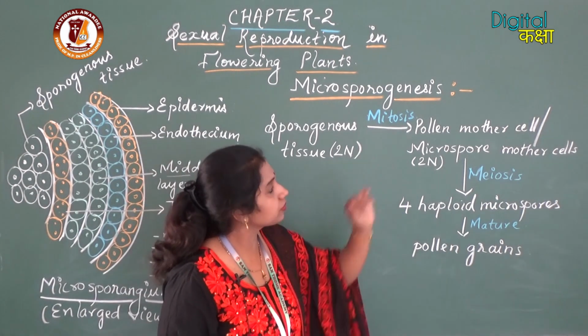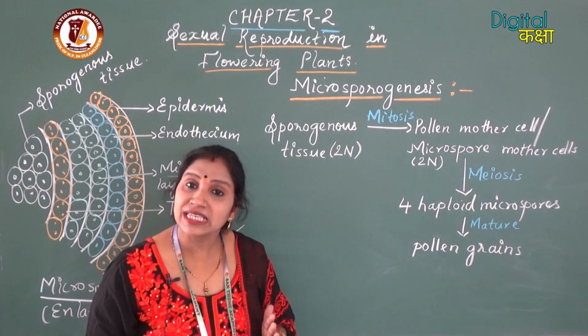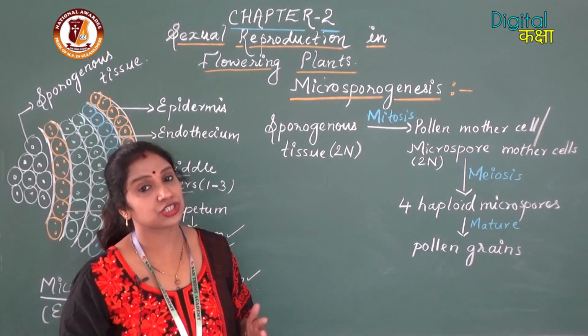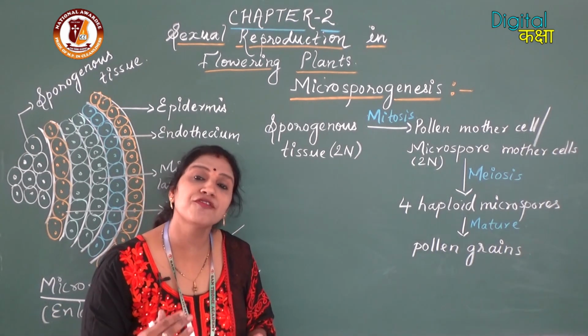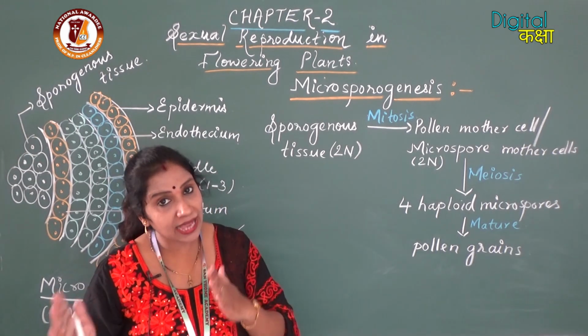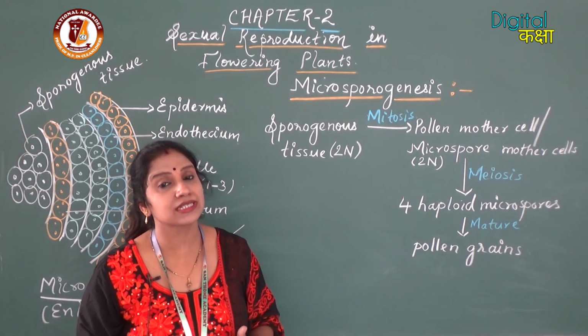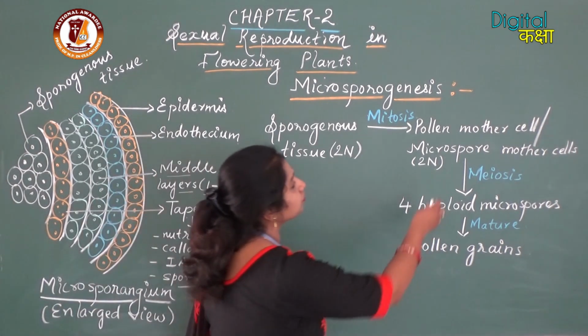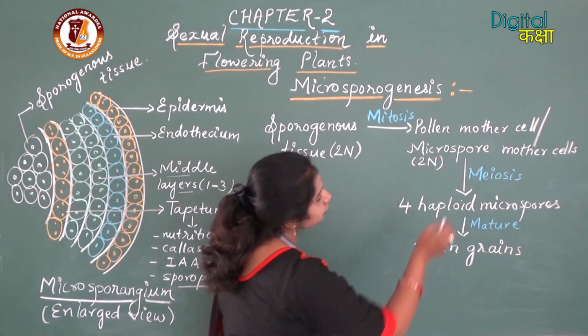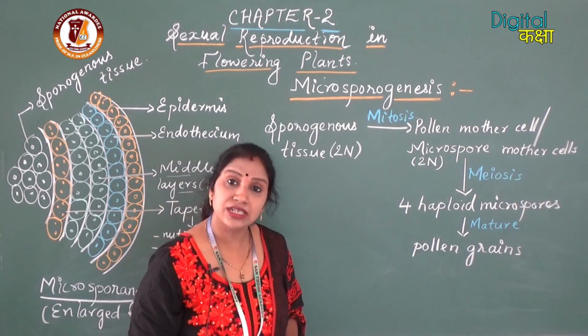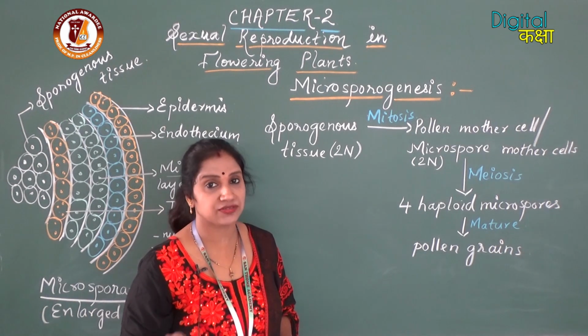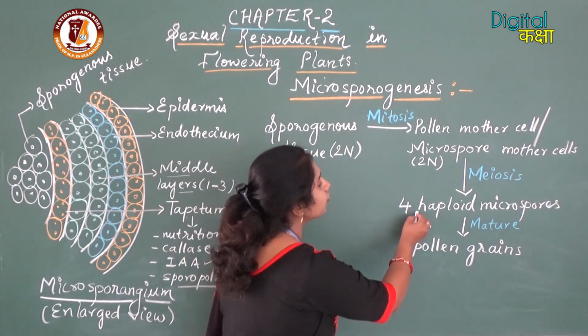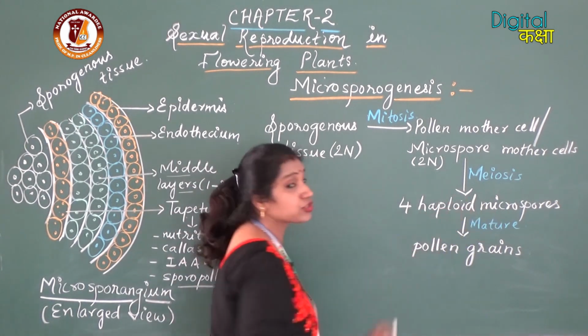Now, each cell of the sporogenous tissue is capable of acting as a pollen mother cell or a microspore mother cell. This pollen mother cell or microspore mother cell will undergo meiosis cell division to form 4 haploid microspores.